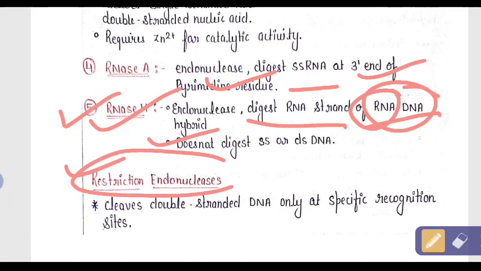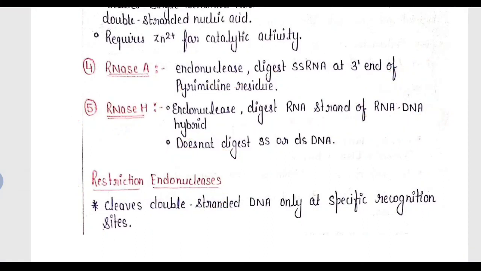But restriction endonucleases are the type of endonucleases which specifically cleave double-stranded DNA molecules. Okay, so they have specific recognition sites, and they cleave at that particular site only. So these restriction endonucleases, we are going to discuss later on in detail.